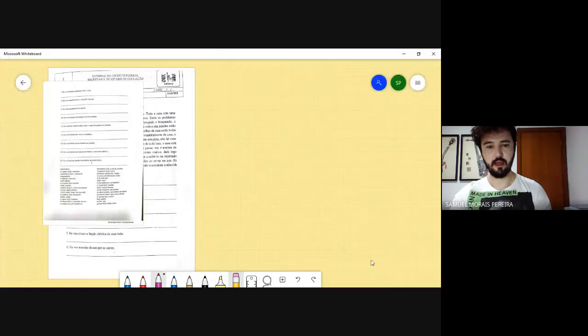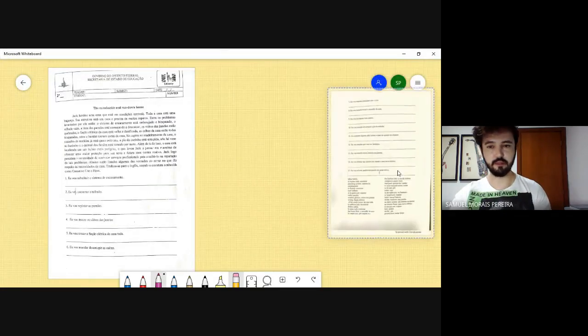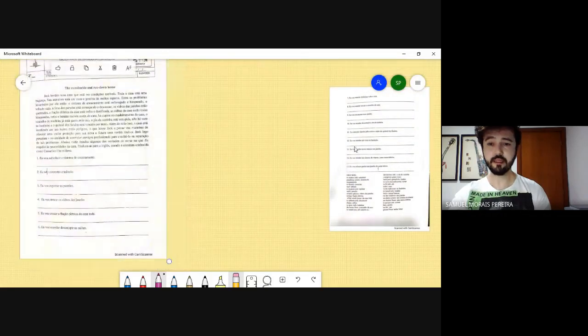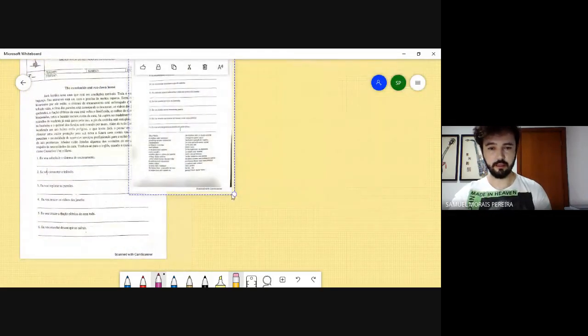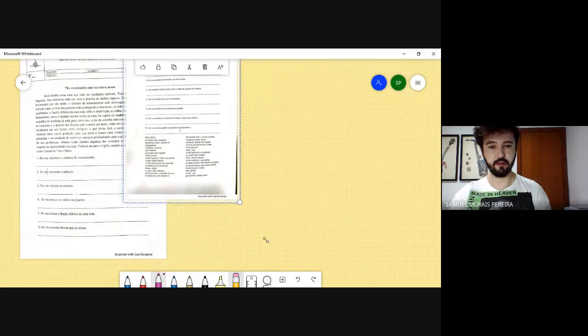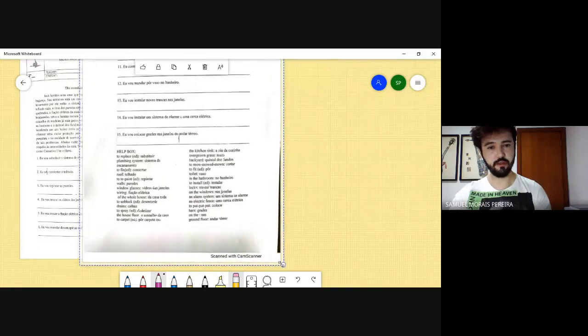So the other page is here. I'll get them both so that I can use them. So here at the back of the worksheet, you have all the words you need, okay? So just as I told you, it's a translation exercise so that you can internalize the structure, okay?